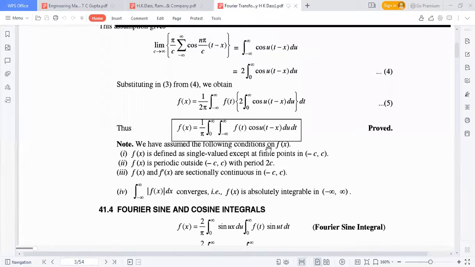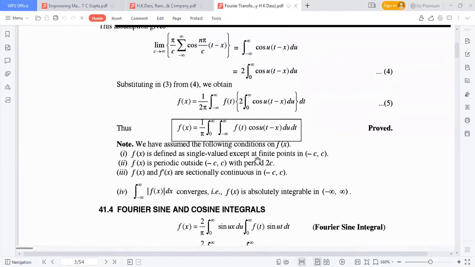We have assumed the following conditions for f of x. There are 4 conditions for this f of x, which is actually the original function. So f of x must be defined as a single valued function except at finite points in minus c to plus c. And f of x must be periodic outside minus c to plus c with period twice c.